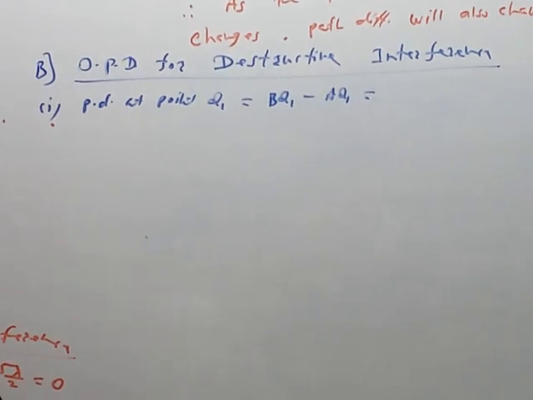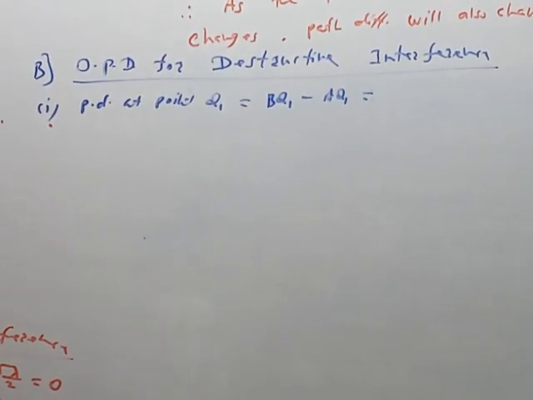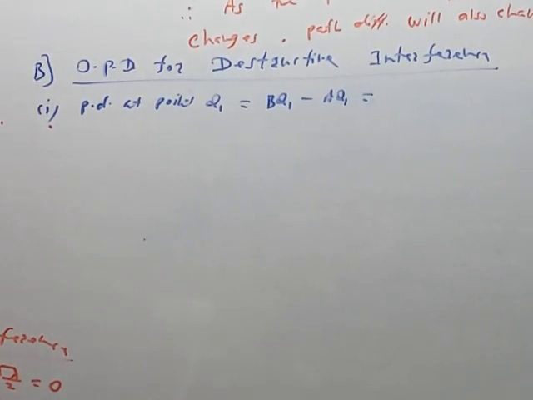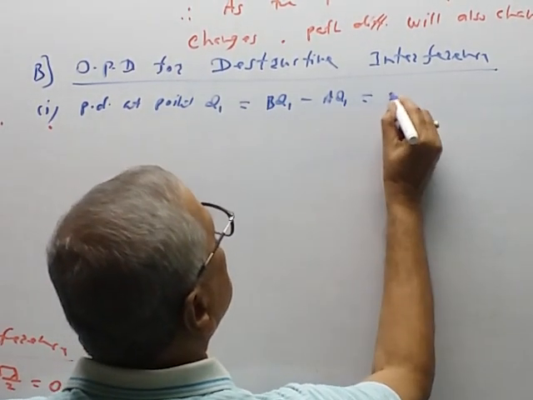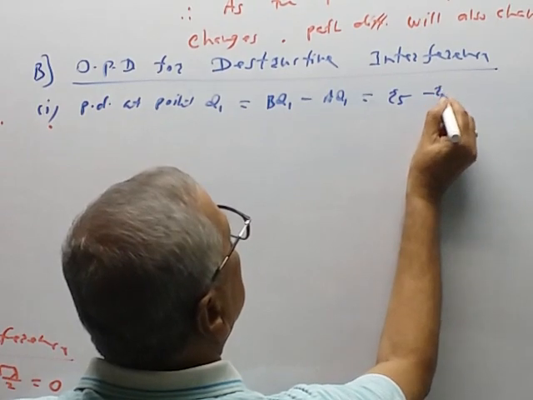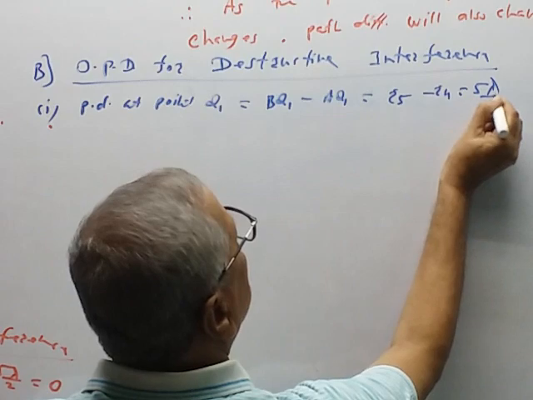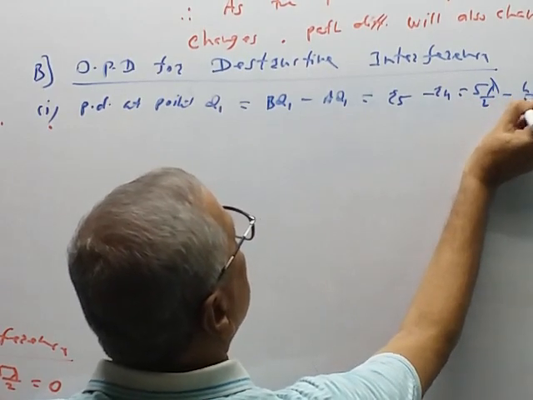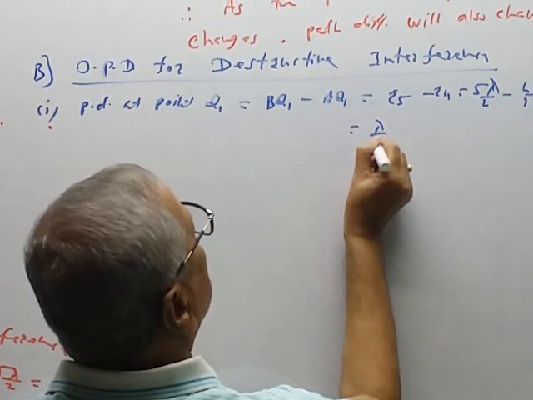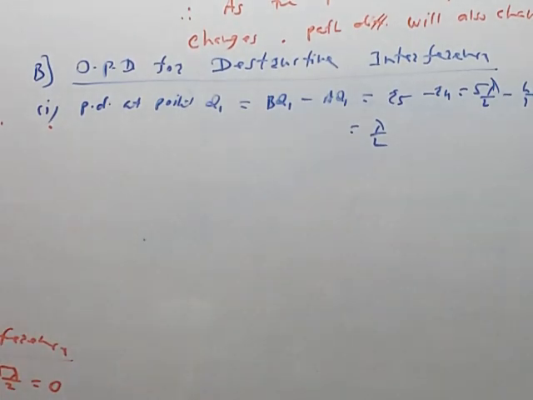So the path difference at point Q1 is R5 minus R4, which is equal to 5 lambda by 2 minus 4 lambda by 2, that is equal to lambda by 2. So for destructive interference, the first value of optical path difference is lambda by 2, like this.